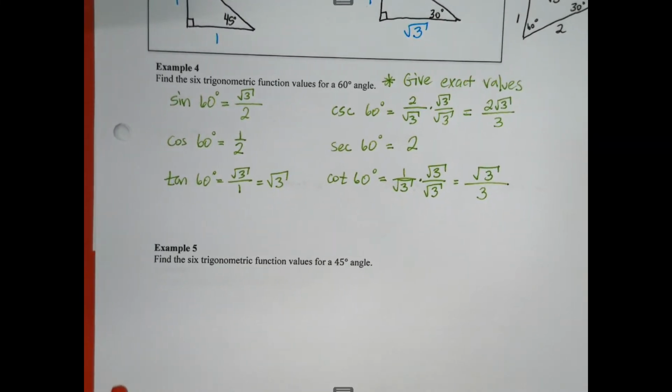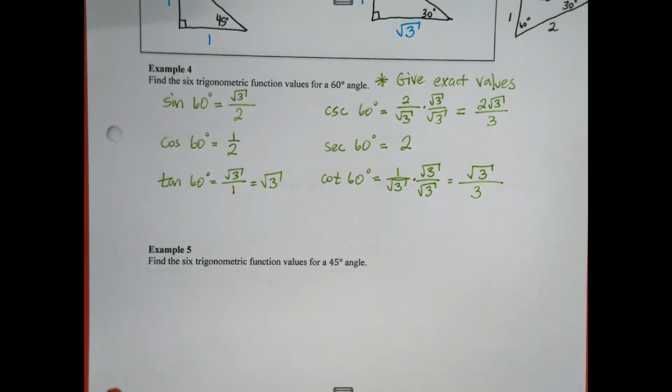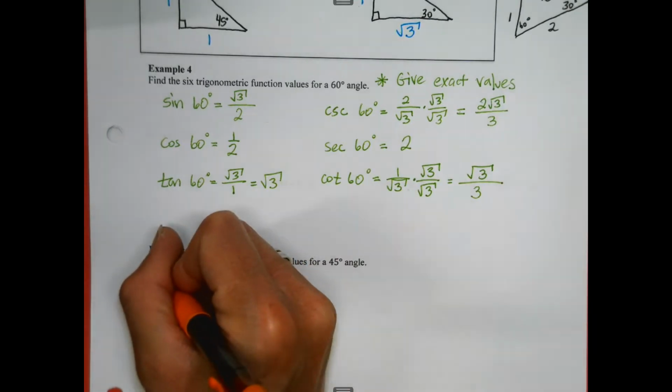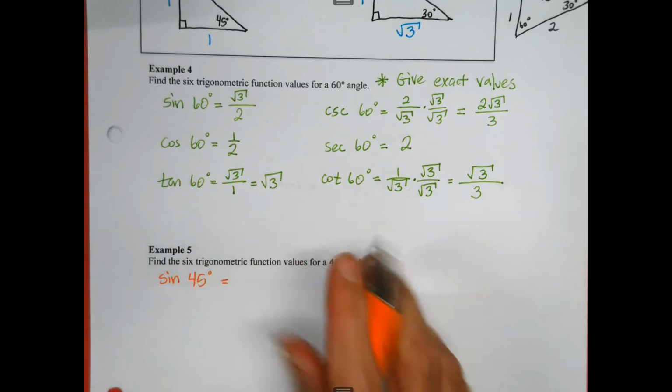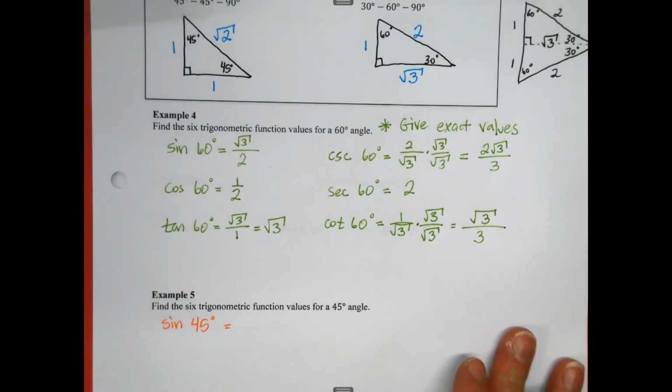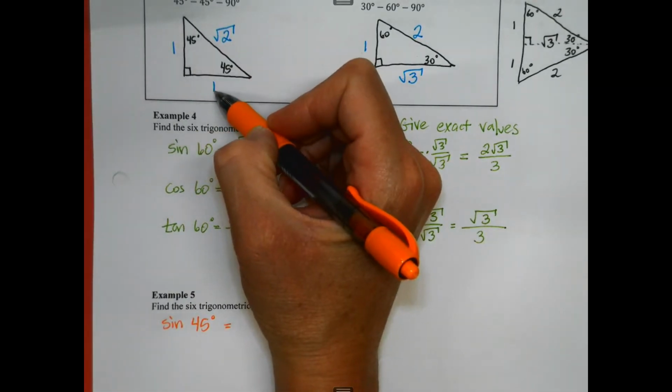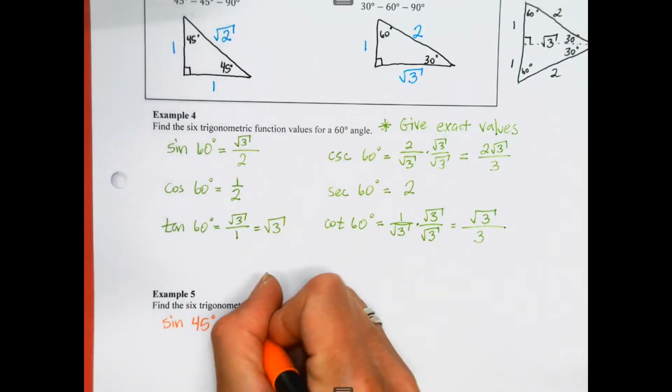Example number 5 here says to find the 6 trigonometric function values for a 45-degree angle. So the sine of 45 degrees is going to be 1, that's our opposite, over the square root of 2.